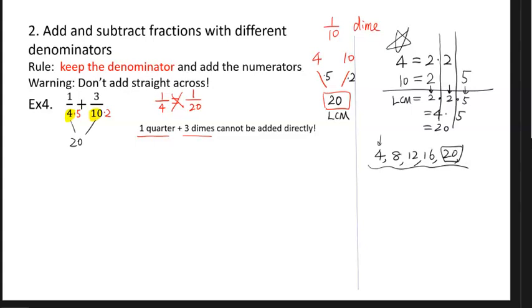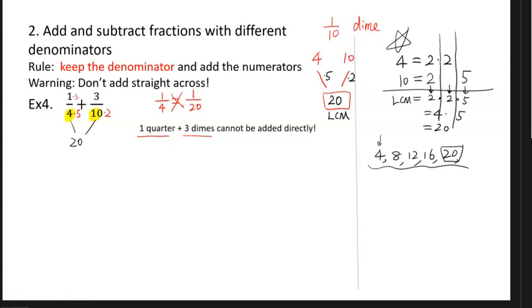If you get a quarter of a pie compared to 1/20 of a pie, they're definitely different portions. So if you multiply the bottom by a number, you must multiply the top by the same number.